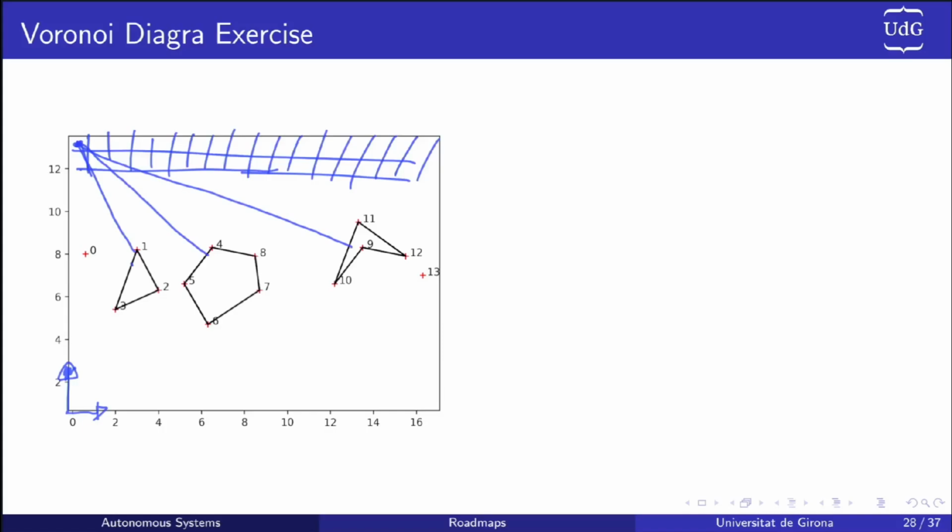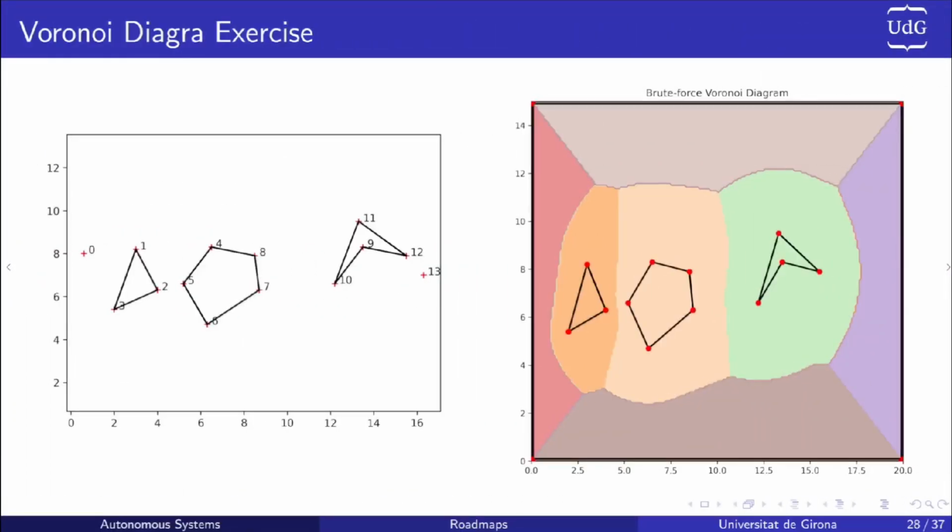Then, okay, you need to compute that. Whenever you have done that, you just assign the level of the closest obstacle, and so on. If we do that for all this map, we end up with something like that.